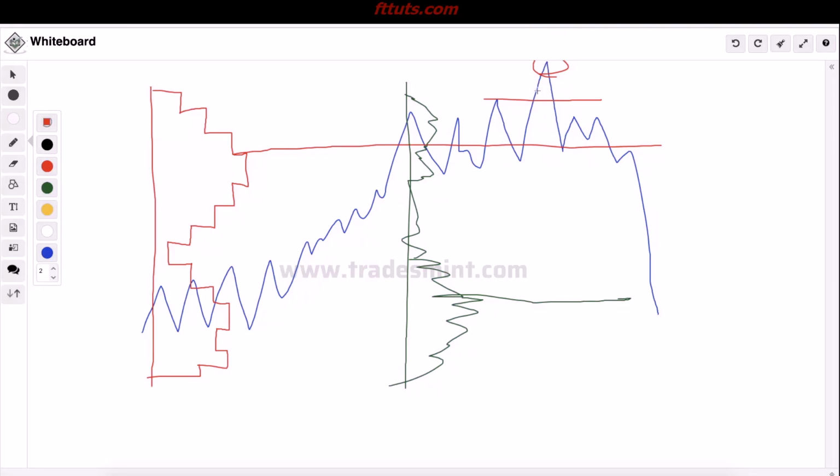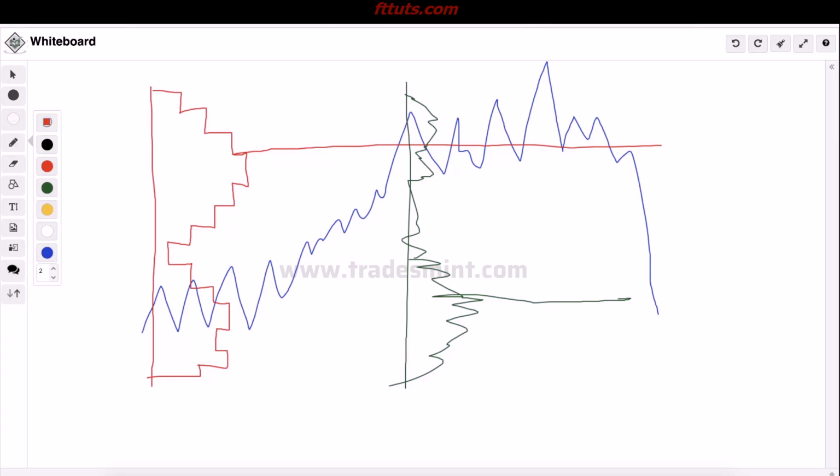Or if we do get an increase in volume here, you can look for an absorption CVD divergence and traders getting trapped up in this area, and then enter a short right here. However you want to trade that, there are different ways to trade it, different confirmations to look for. But this in general is why we would be merging sessions.